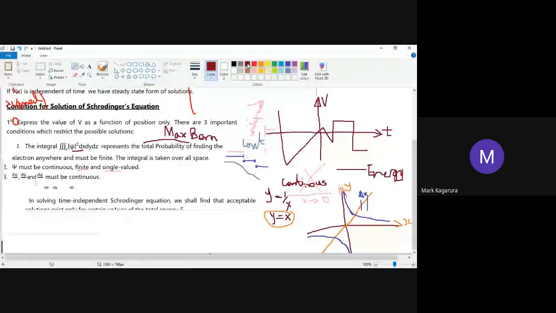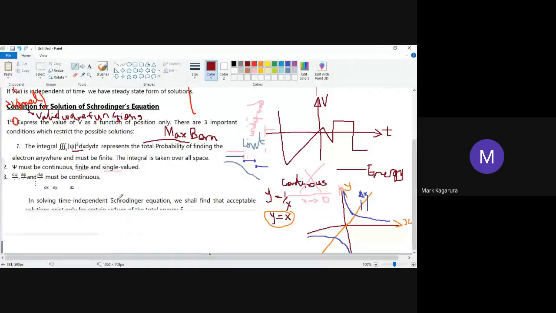We're trying to see what the valid wave functions are. So those are the valid wave functions. If you're from India, they are valid or something.